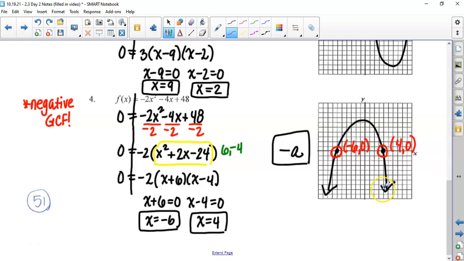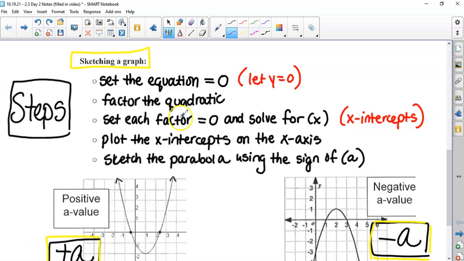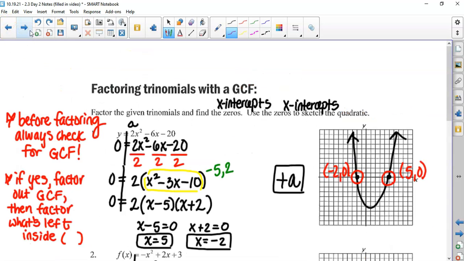How did we do? So take a moment, check your steps against my steps. If there's any questions again, please let me know. I'm hoping this went well. These steps don't change. So for emphasis, use these steps as a reference and as a guide, and practice makes perfect.